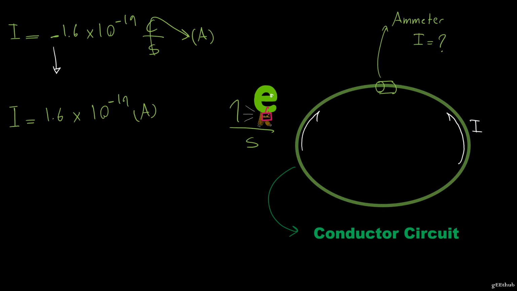So my electron had a direction of clockwise circling in our circuit, and I'm just going to assume that my current has a direction of counterclockwise here. And going forward, we're always going to assume that current travels opposite the direction of electrons.